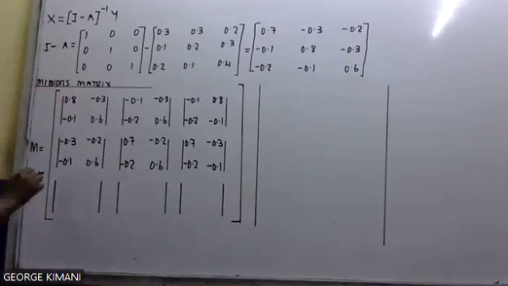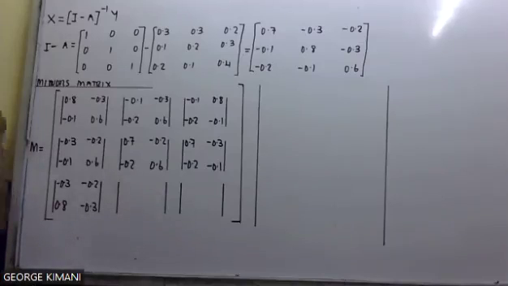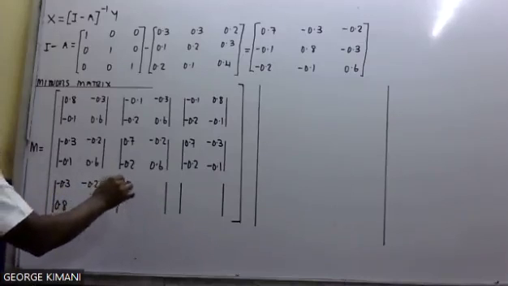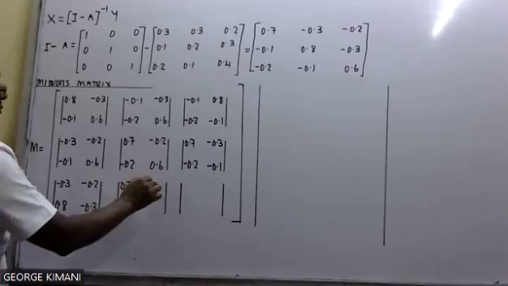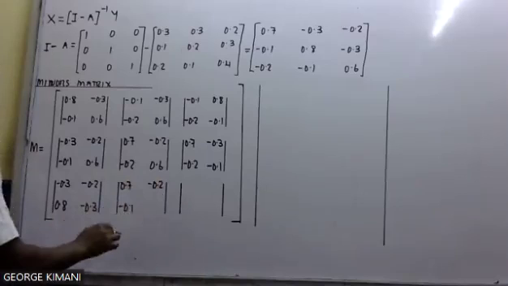So we start with negative 0.3 and negative 0.2, 0.8, negative 0.3. Good. The second one will be 0.7 and negative 0.2, negative 0.1, and negative 0.3.